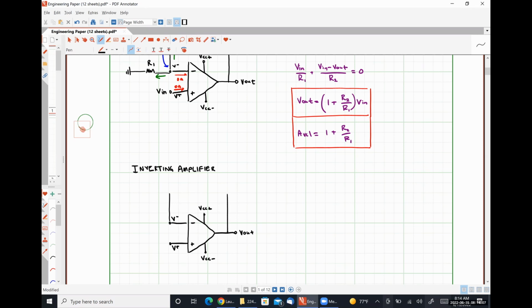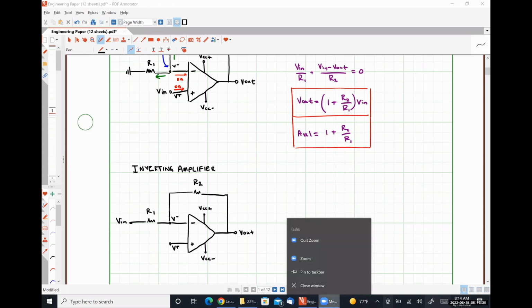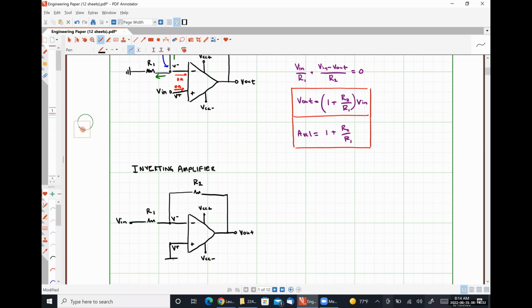We're going to have our feedback resistor, which I'm again going to label R2. We're going to have that resistor R1 that's connected to the inverting input node. The principal difference here is that we apply our input voltage at this leg of R1 and we ground our non-inverting input terminal.